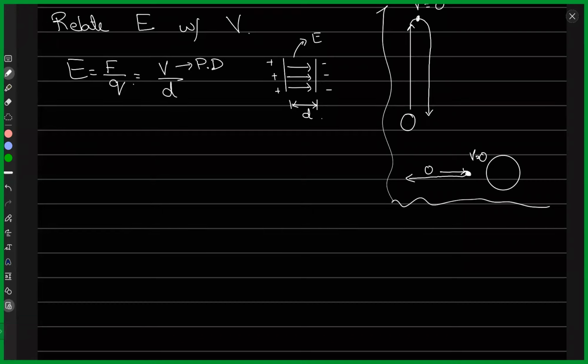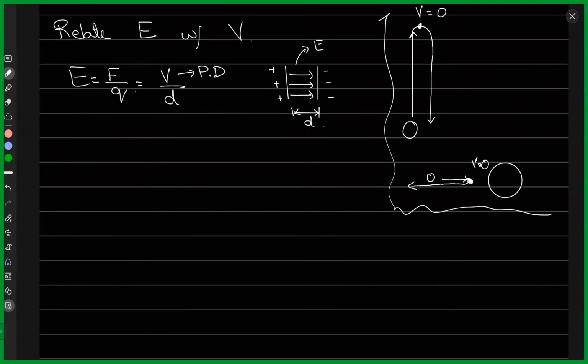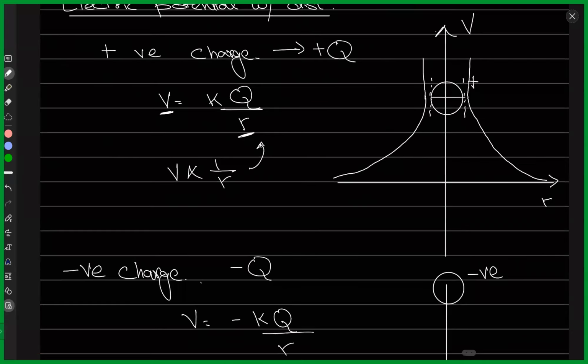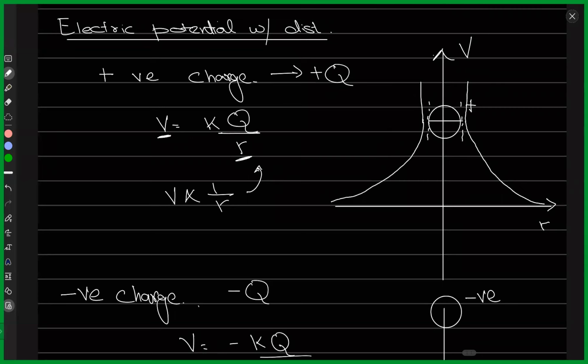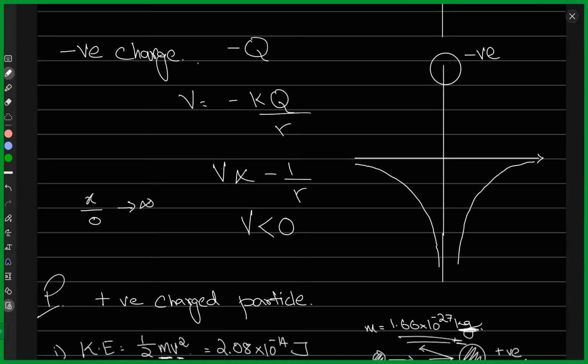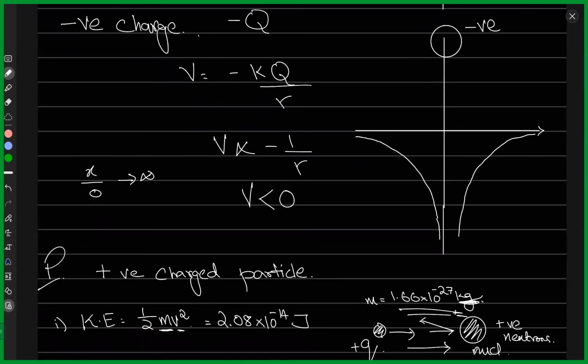All right, so last time we were discussing electric potential, right? We saw how electrical potential varies with distance, and that helped us develop a relation for electrical potential energy.